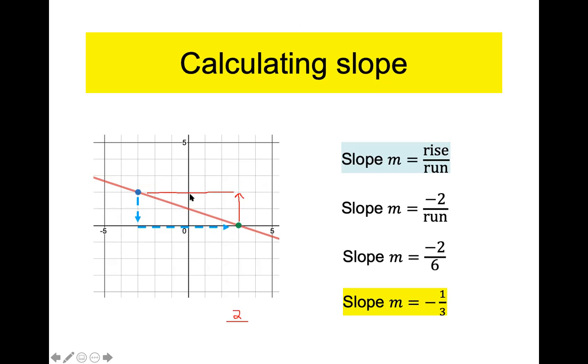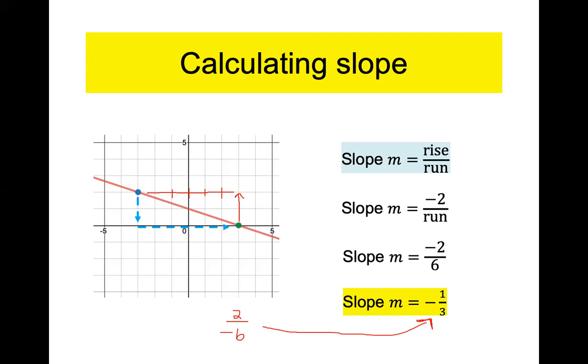Going to the left is negative. 1, 2, 3, 4, 5, 6. Oops, that didn't work out well. So I went left -6 squares or lines. But notice that -2/6 also reduces to -1/3. So it doesn't matter whether you go left to right or right to left, you get the same slope no matter which way you go.